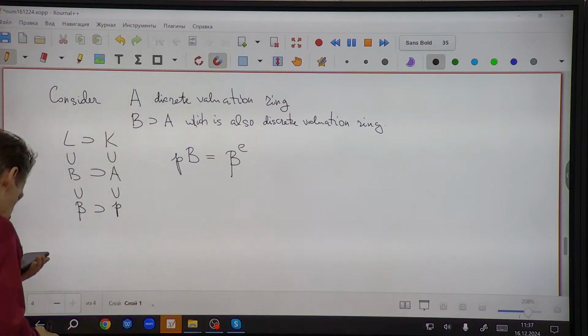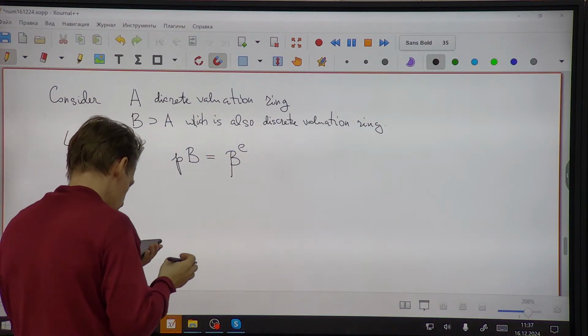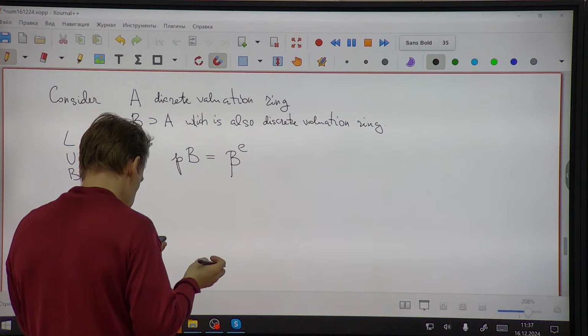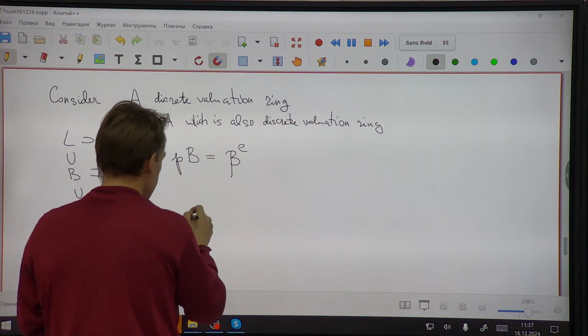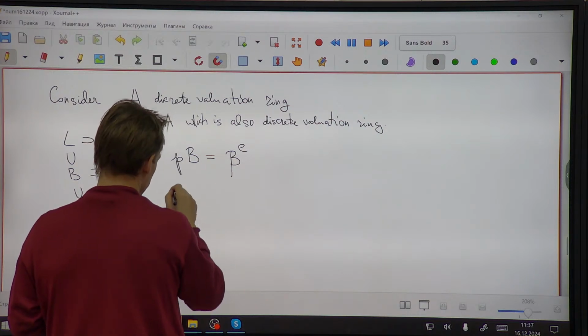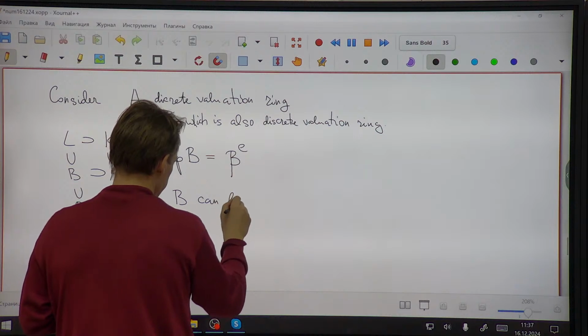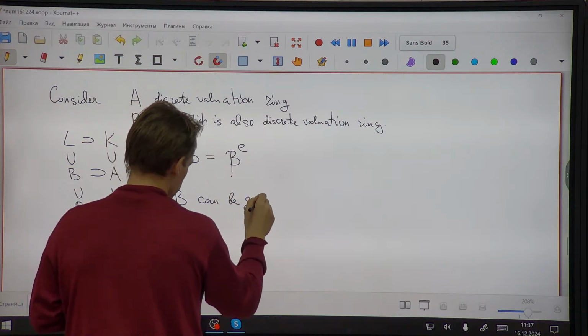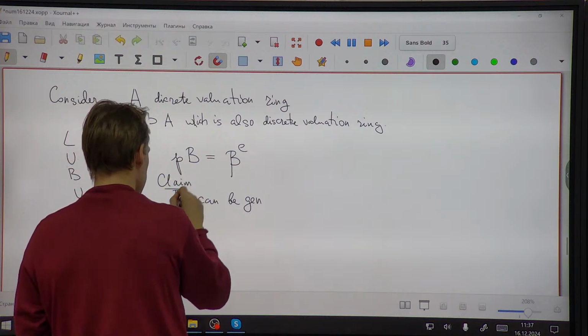So I claim that B can be generated by one element. This is a claim that I will prove a little bit later.